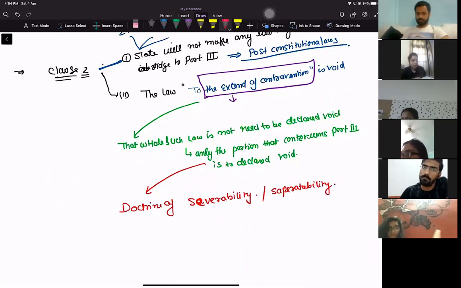Doctrine of severability or separability. That means if that part of the legislation can be removed, and after removing that part the legislation can stand on its footing, then there is no need to declare the whole law void. Rather, only that portion is to be declared void.